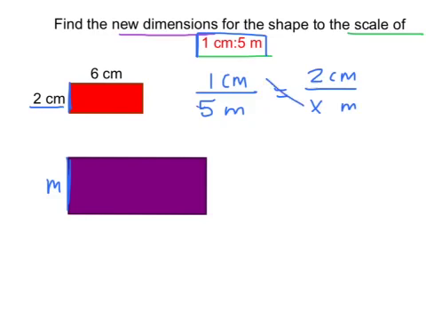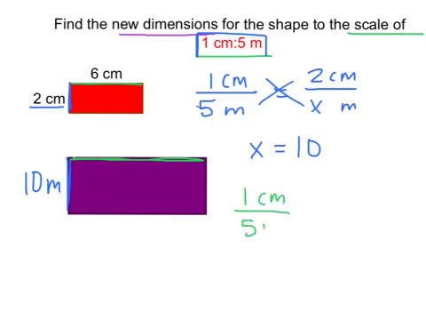To solve, cross multiply. X equals 10. So we can say the short side of the purple rectangle is 10 meters. We can do the same thing with our long side of the purple rectangle. 1 centimeter over 5 meters, the scale they gave us, equals 6 centimeters of the short rectangle over x meters of our long rectangle.